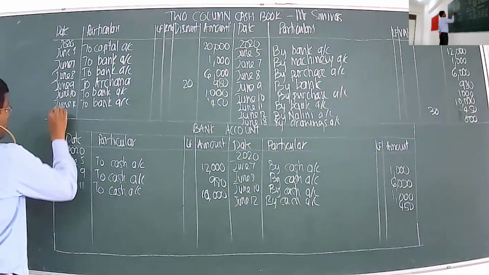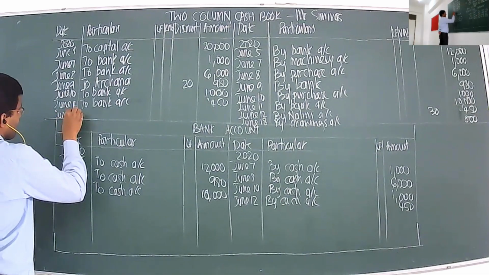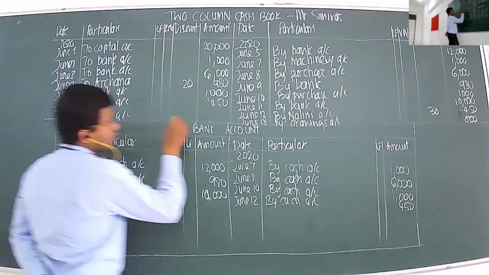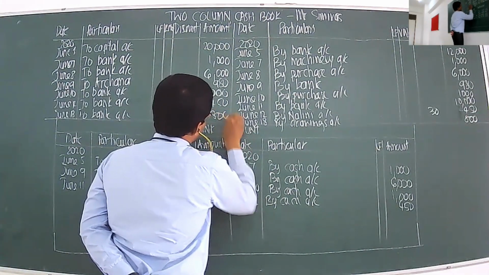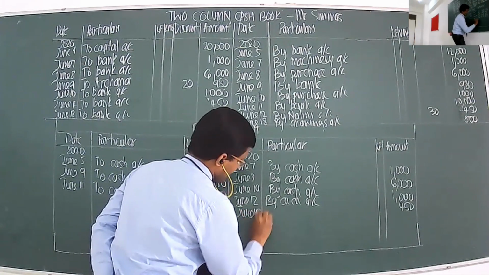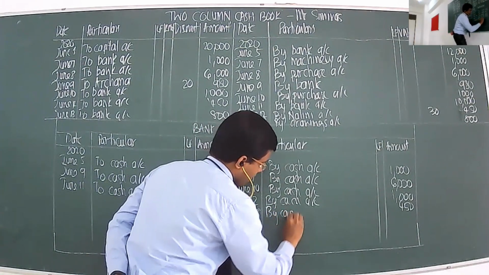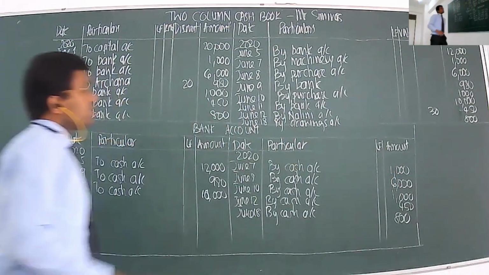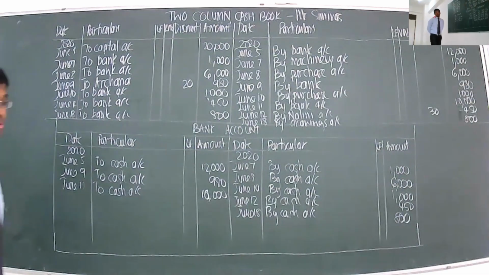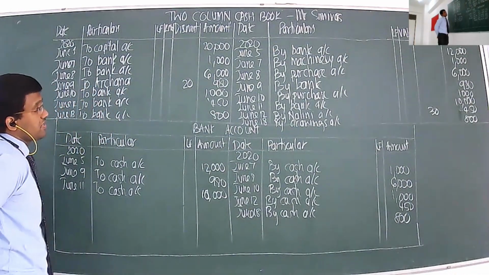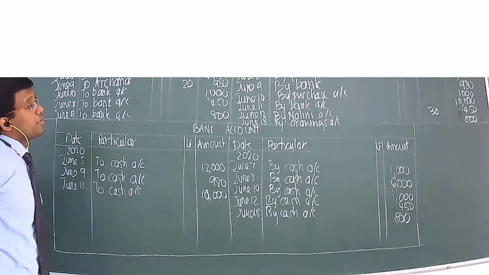The payment is going from your bank account. So to bank account 800, and then here June 18th by cash account 800. Okay. So this is how we would go about preparing a 2-column cash book when we have check transactions.